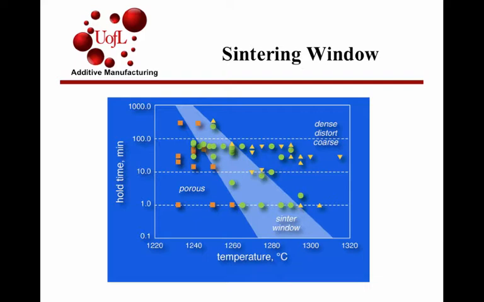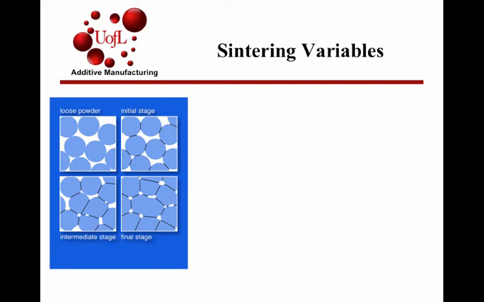This changes according to the type of the materials, the type of the starting materials in terms of the powder characteristics, the packing densities, the chemical composition, and so on. The sintering variables have been extensively studied in terms of transition from a loosely packed powder to being able to form necks, reduction of pore size, final densification.